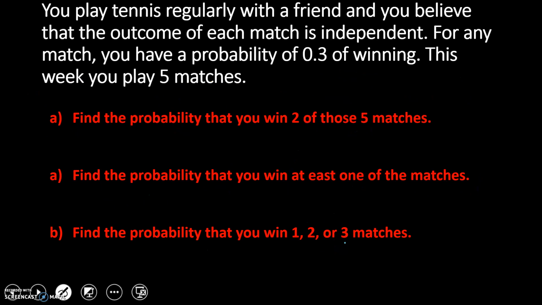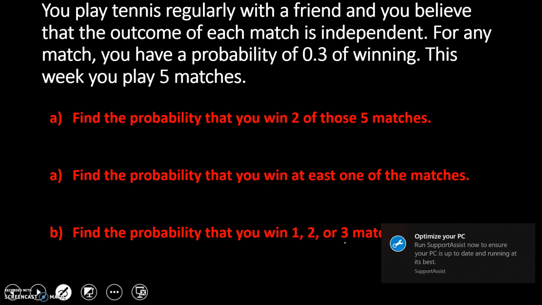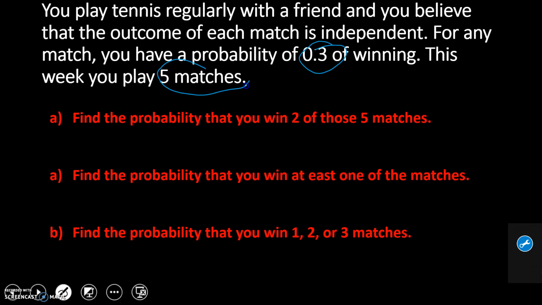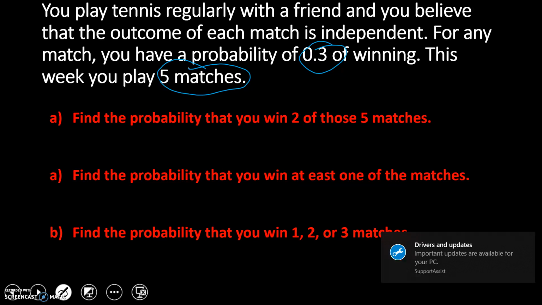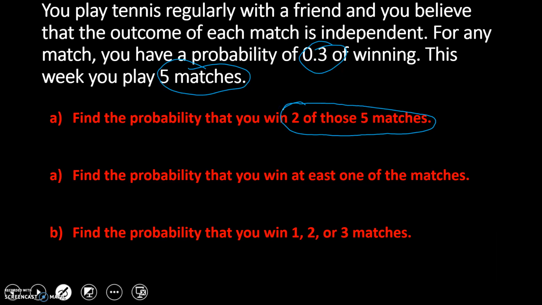New problem. You play tennis regularly with a friend and you believe that the outcome of each match is independent. For any match, you have a probability of 0.3 of winning. This week you play 5 matches. Find the probability that you win 2 of those 5 matches. Two is exact, so x is equal to 2, and when you have an exact amount you always use binomial PDF.